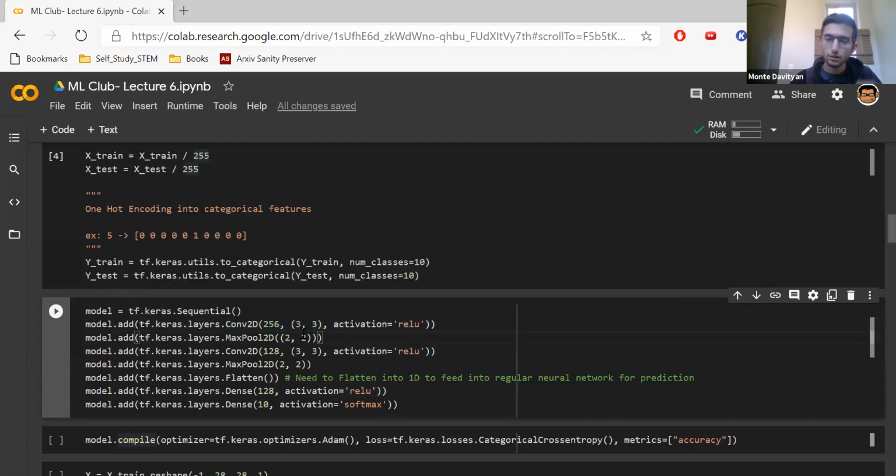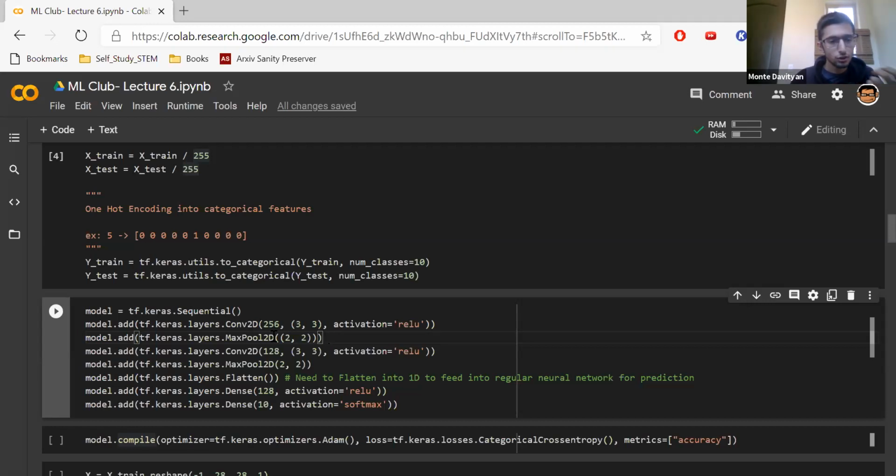Our convolutional layer outputs a 28x28 output. This max pooling takes that output and decreases the size of it, just to be a little bit more computationally efficient.